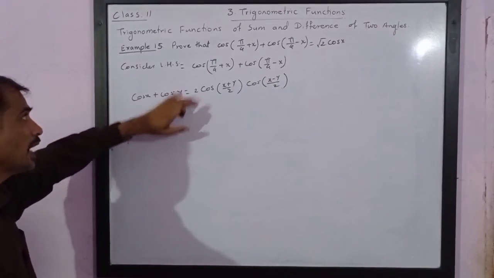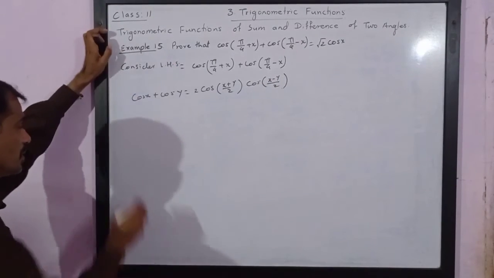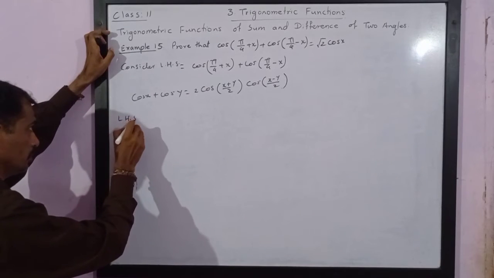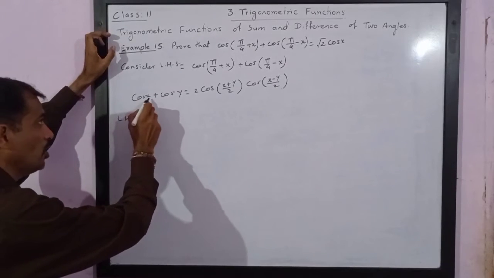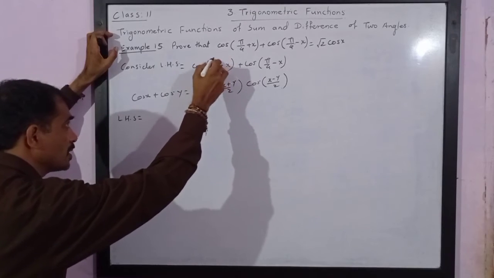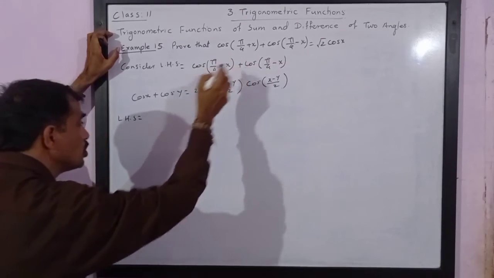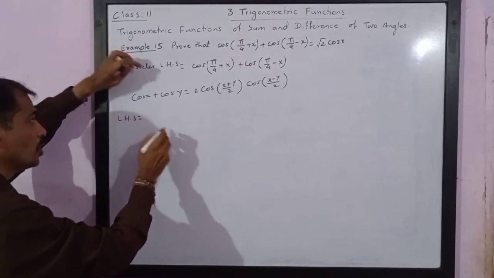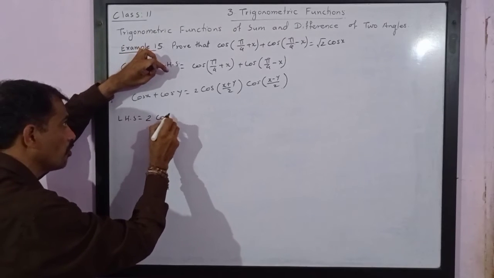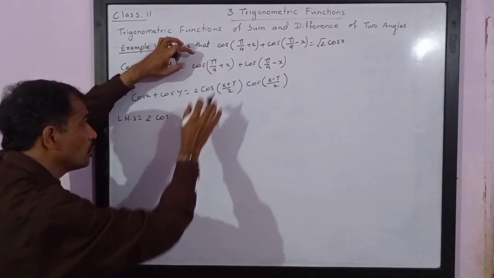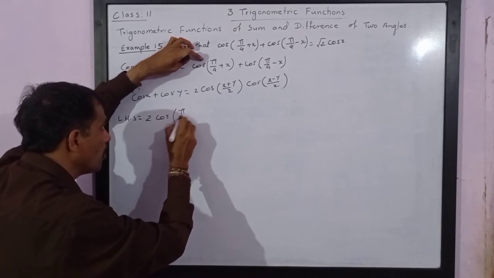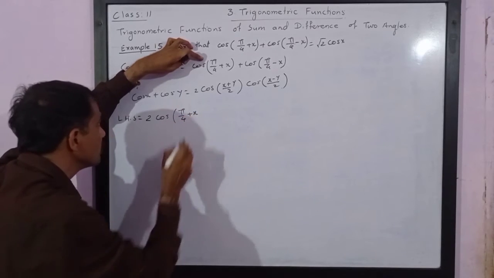So by using this identity, LHS is equal to, we are going to consider this whole total angle as x, and this total angle as y. So we will get LHS is equal to 2 times cos of, we are going to consider this whole angle, so we will get pi upon 4 plus x.